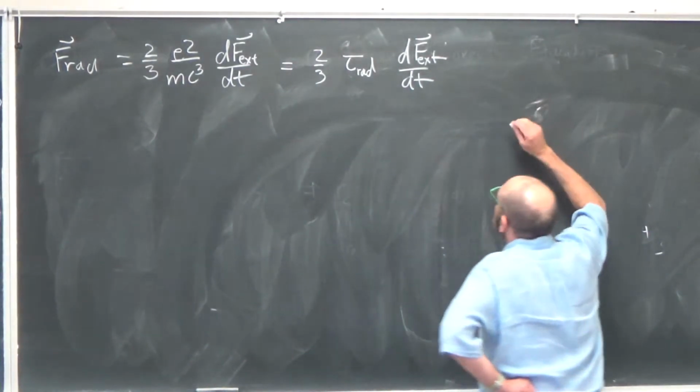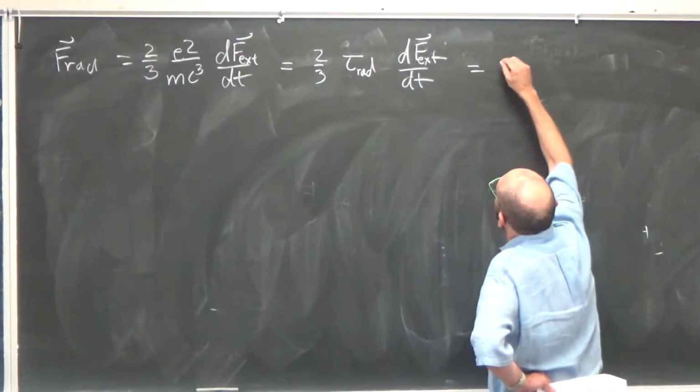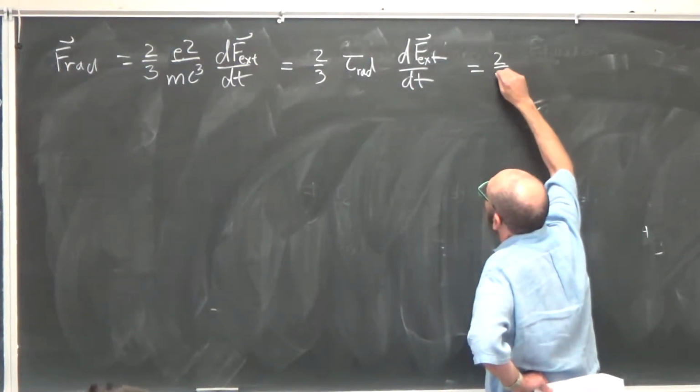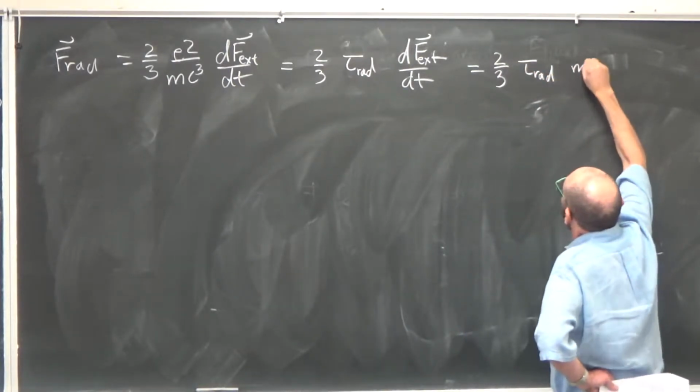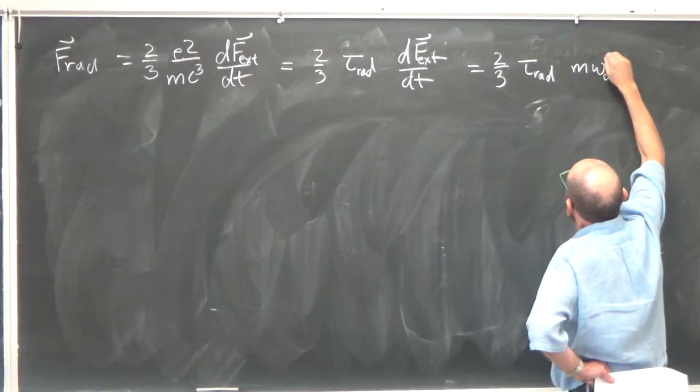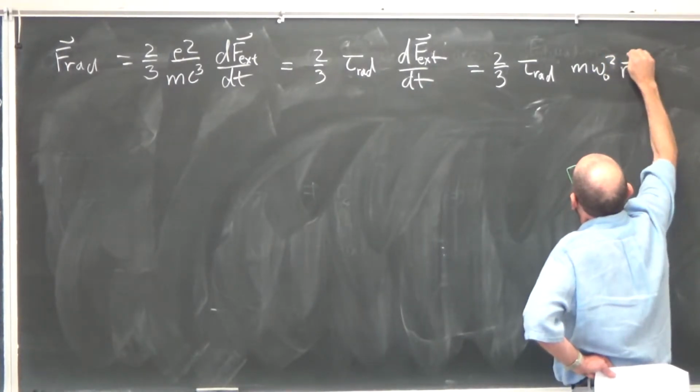So in that case, we just got Hooke's law, and this is equal to 2/3 T rad and omega 0 squared R dot.